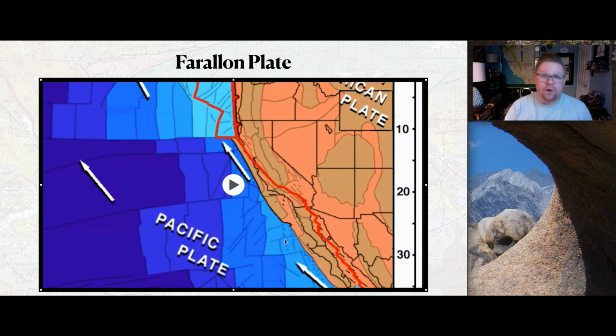Something else that's important to mention at this point, just in case you have not learned it yet: we know that our plates, which are essentially these land masses that we live on, come in two types. There's oceanic and there's continental. Oceanic is traditionally basalt. It's denser, darker, more basaltic, essentially. And that's what our oceans are on.